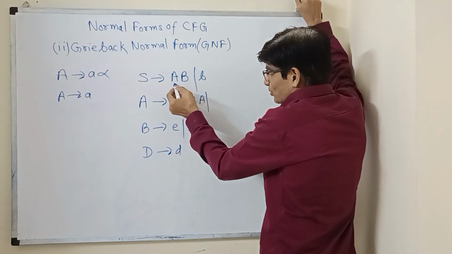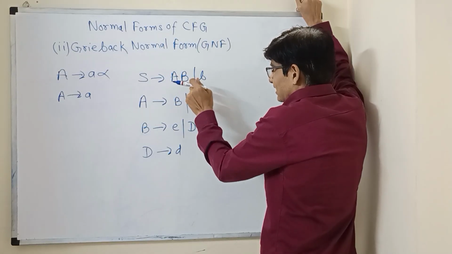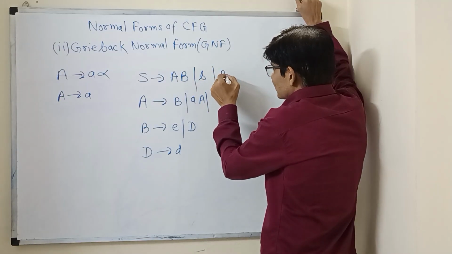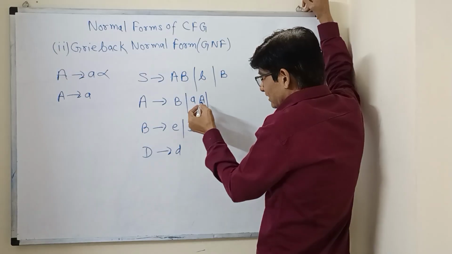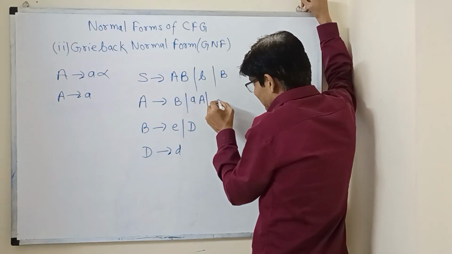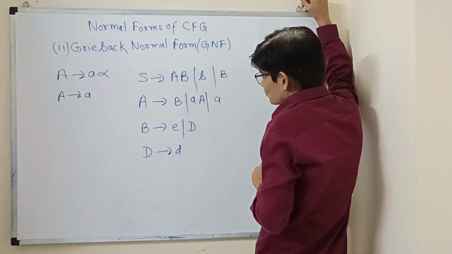In this particular production, if we put A as epsilon, it gives us S gives B. So this production will be generated. Then in this particular production, if I replace A with epsilon, it will give us A gives A. So now we have removed the epsilon production.